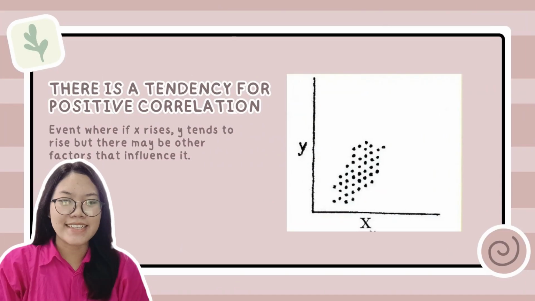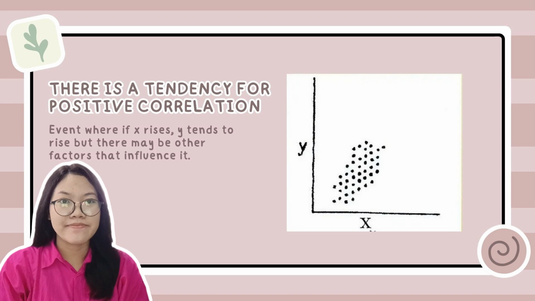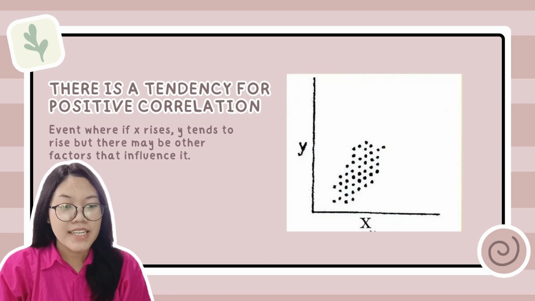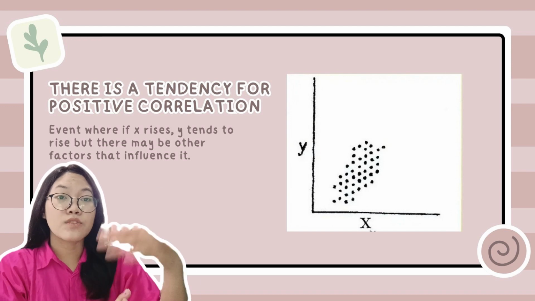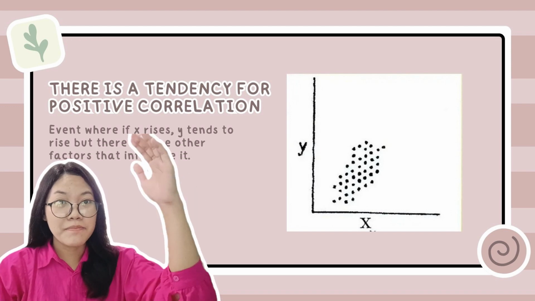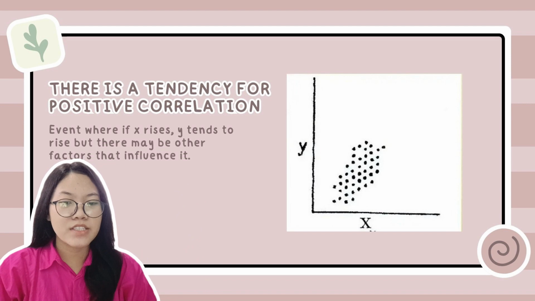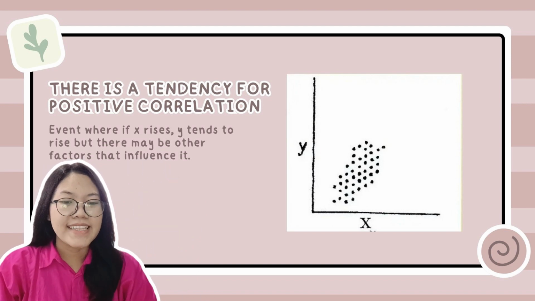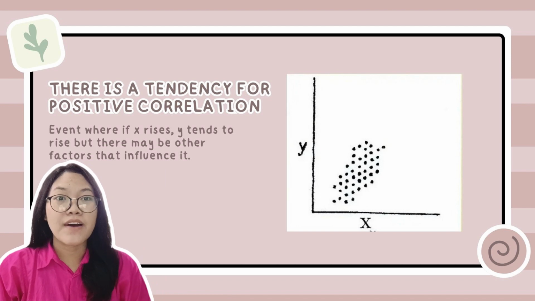Okay, second is there is a tendency for positive correlation. Tendency for positive correlation means that even if X rises, Y tends to rise too, but there may be other factors that influence it.